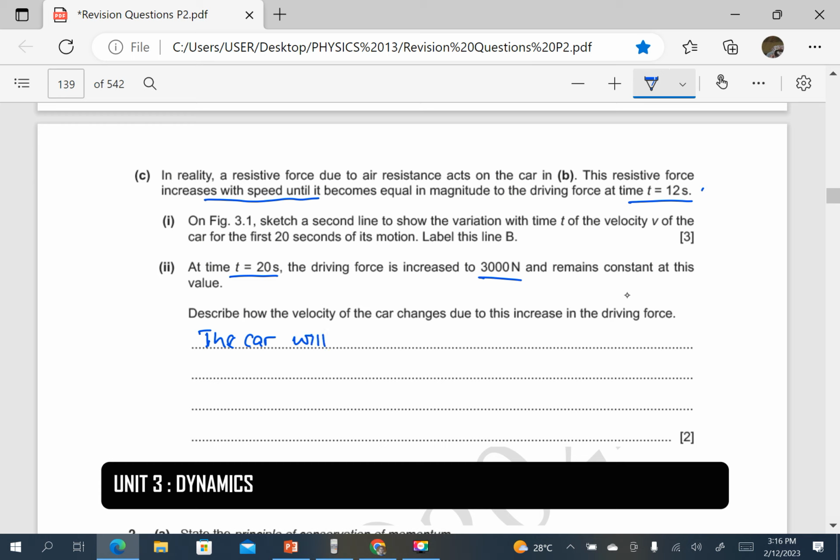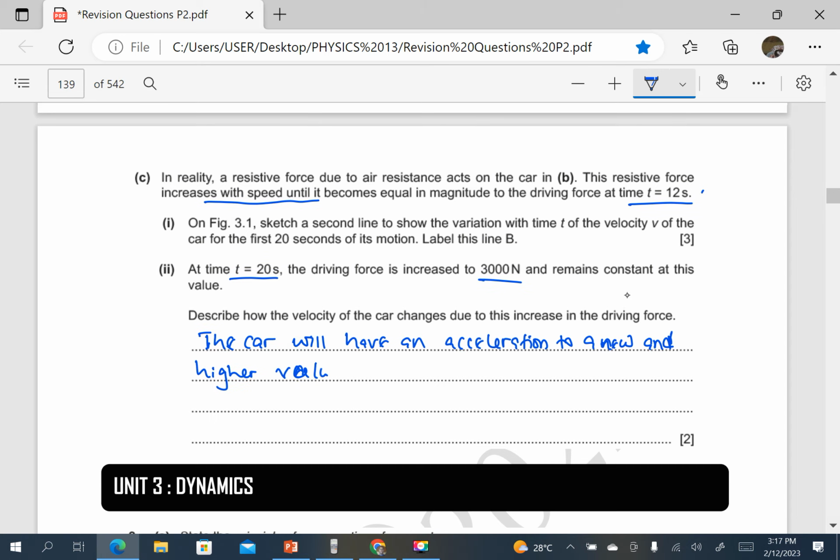So we say the car will have an acceleration to a new and higher value of terminal velocity.